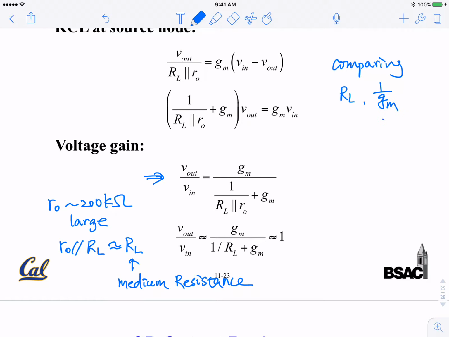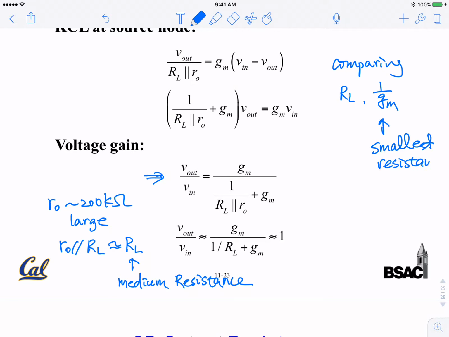Usually we consider 1 over gm as the smallest resistance. For most typical examples, a typical value of gm is 500 microsiemens, so 1 over gm is roughly 2 kilo ohm. So usually we consider RL to be much, much greater than 1 over gm.